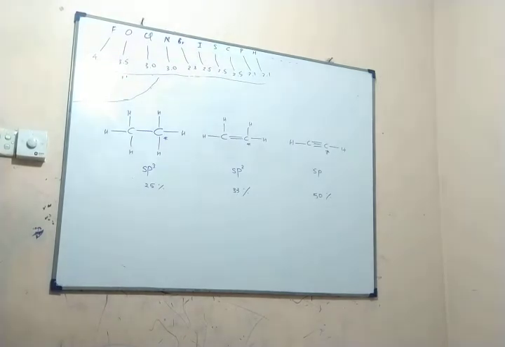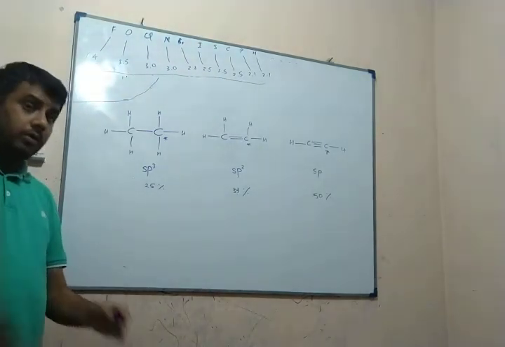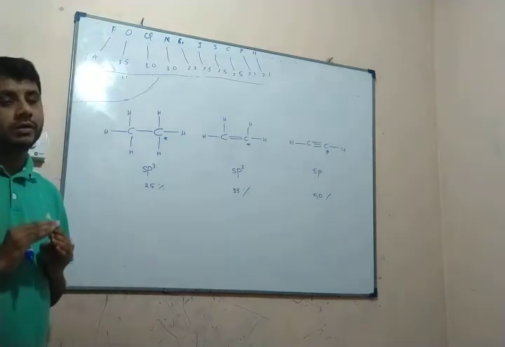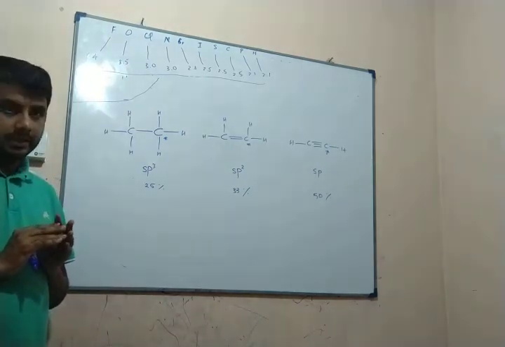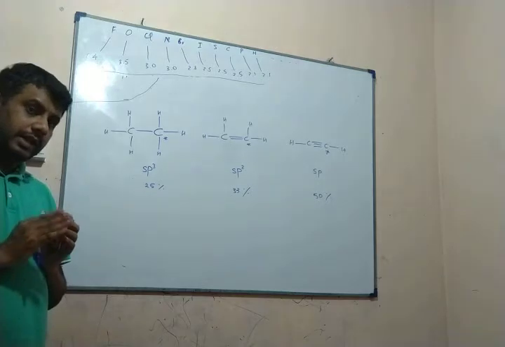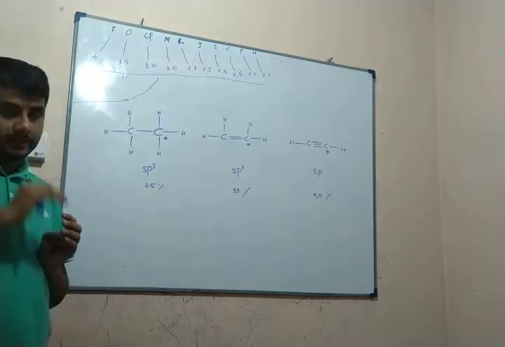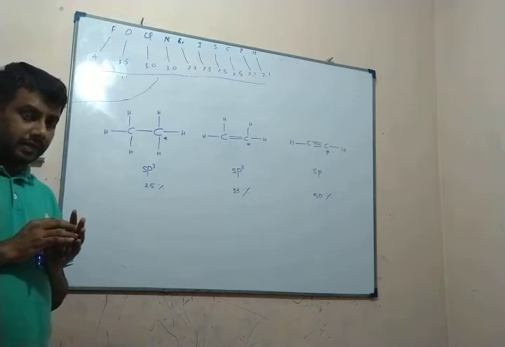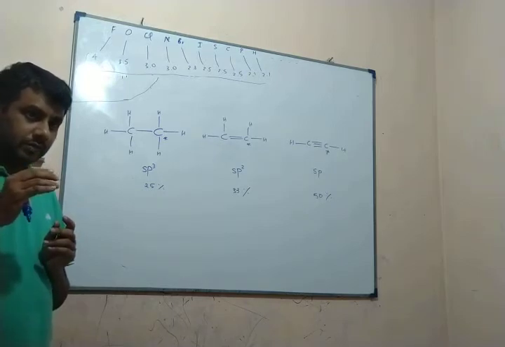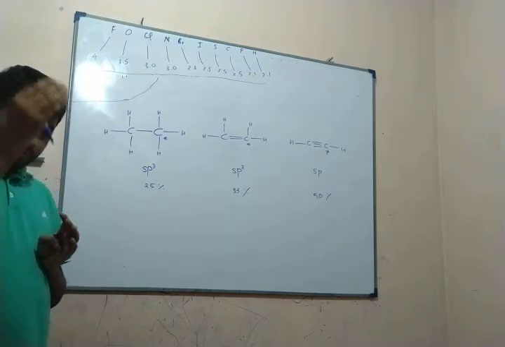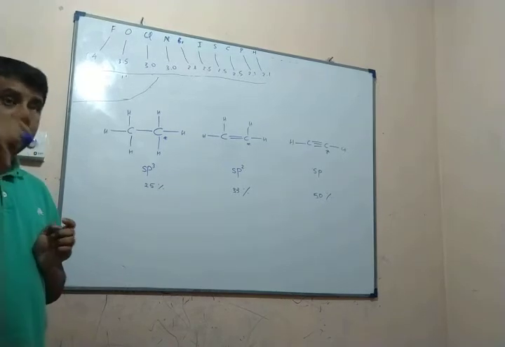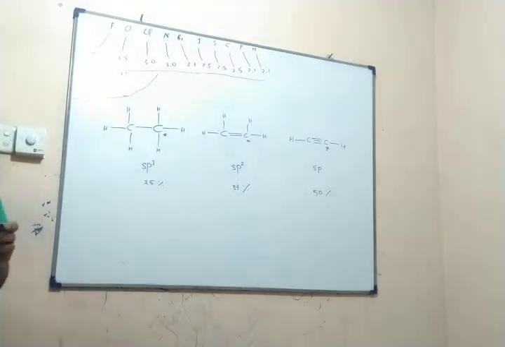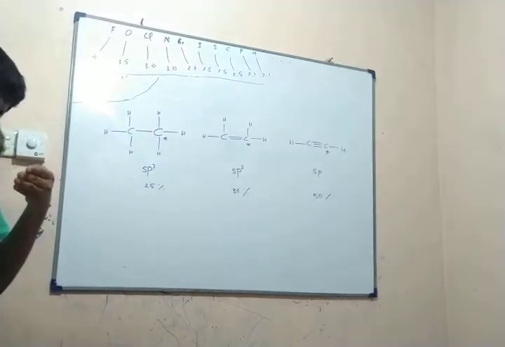Why? When the S character increases, what will happen? Which orbital, S orbital or P orbital, will be closer to the nucleus? S. Electronegativity is the ability to attract the bond pair. When will that ability be higher? When the electrons are closer to the nucleus.